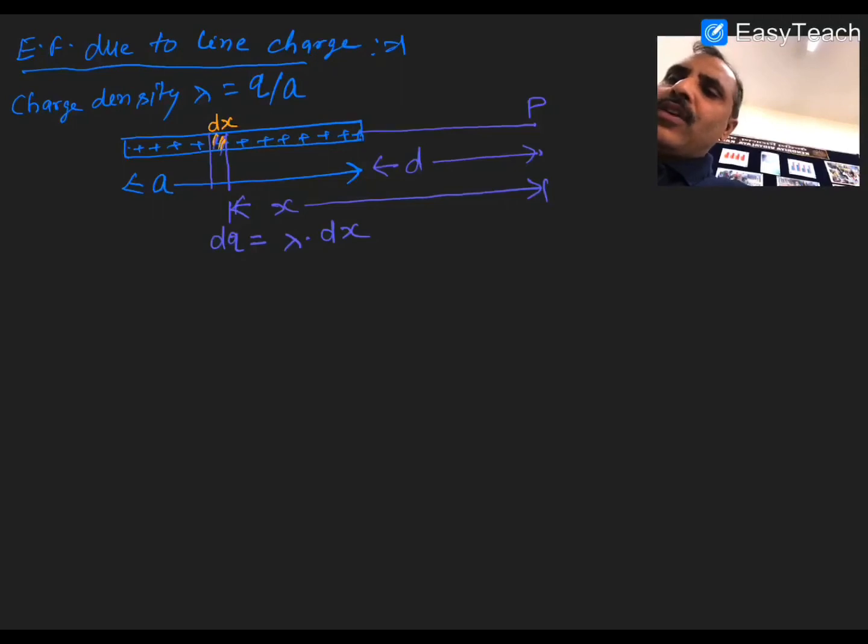So dq is equal to lambda dx. dq acts as a point charge. Then we can find the electric field at point P with the help of dq.